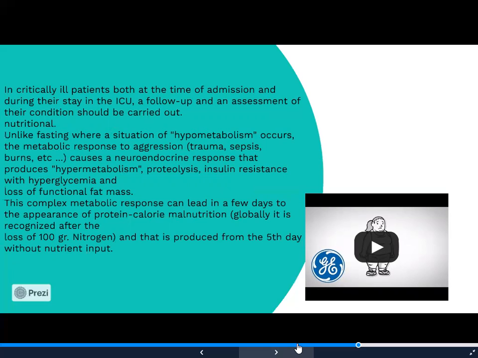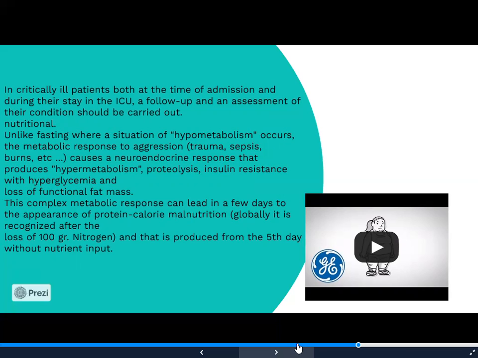Unlike fasting, where a situation of hypometabolism occurs, the metabolic response to aggression, trauma, sepsis, burns, etc., causes neuroendocrine responses that produce hypermetabolism, proteolysis, insulin resistance with hyperglycemia, and loss of functional fat mass.